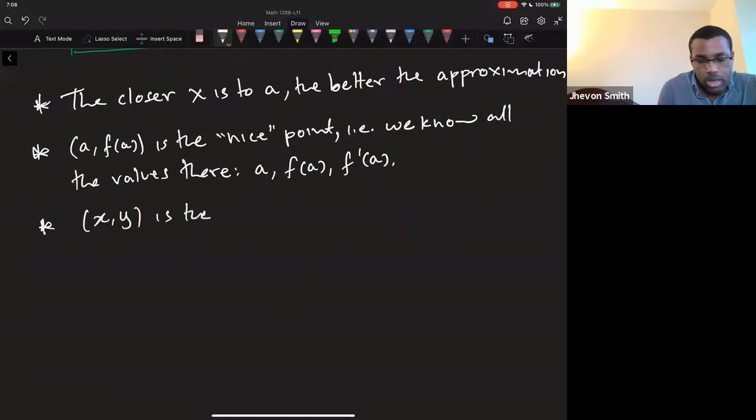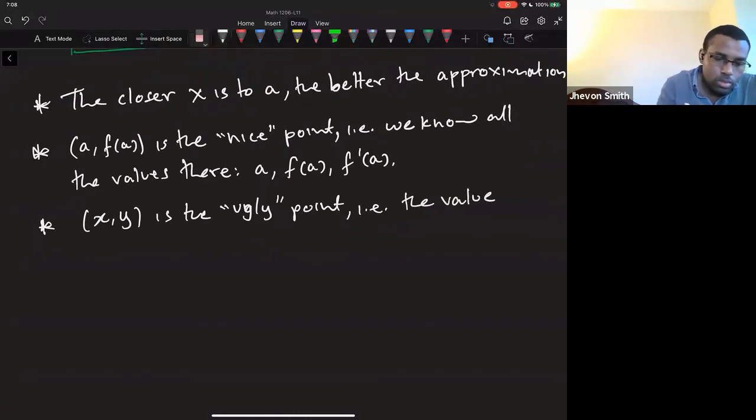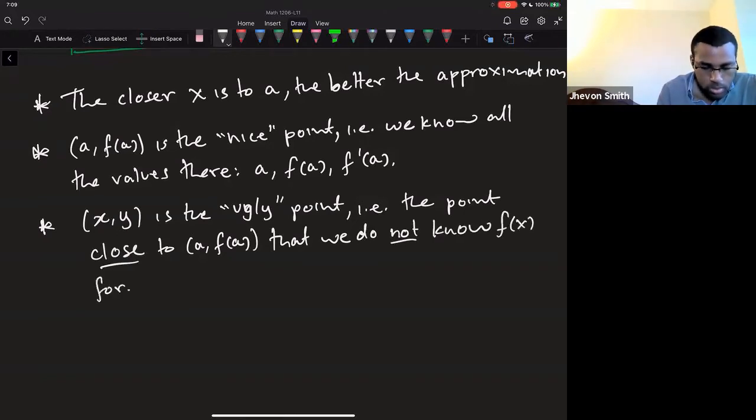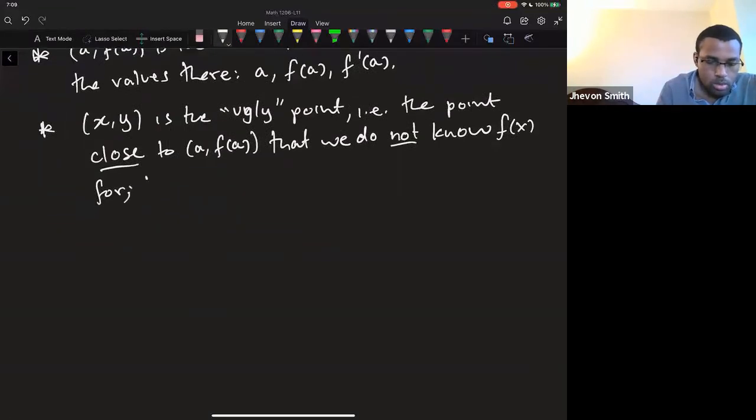x is the ugly point. These are not official terms, i.e., the point close to a, for which we do not know f of x, or we want to approximate it.